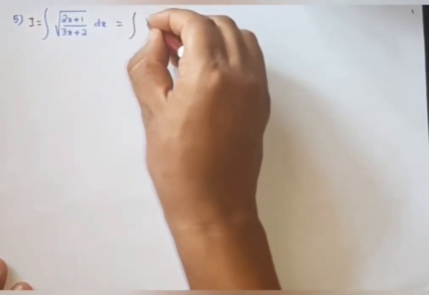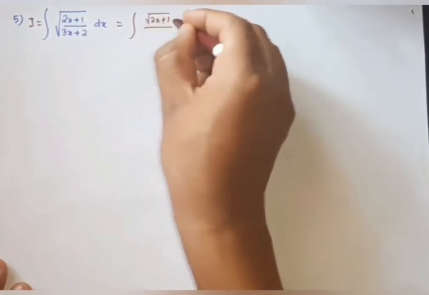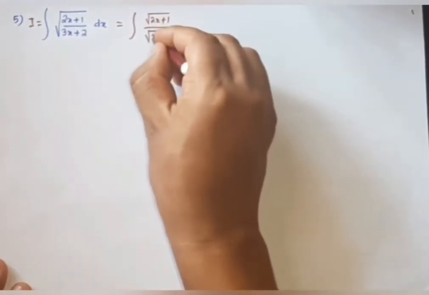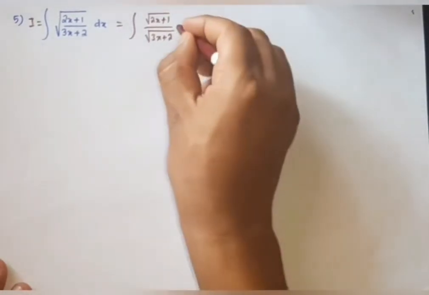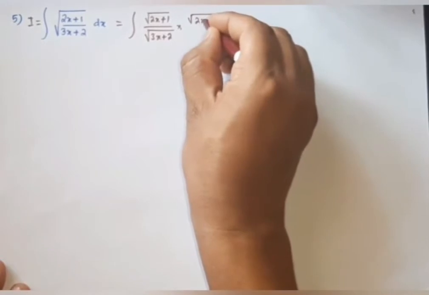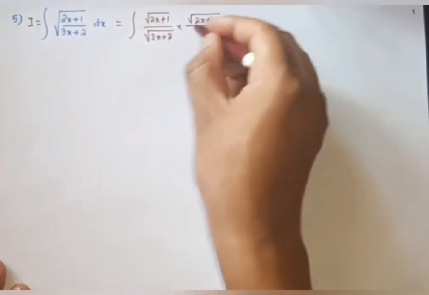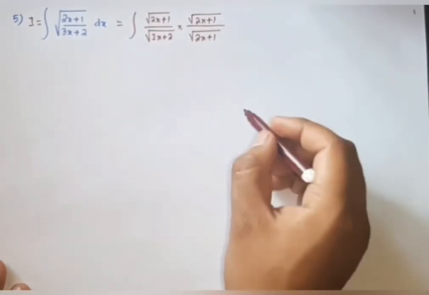So I have in the numerator square root of 2x plus 1 by square root of 3x plus 2, right? So to rationalize the numerator, I will multiply it with the same number, and in the denominator also we will put the same number.